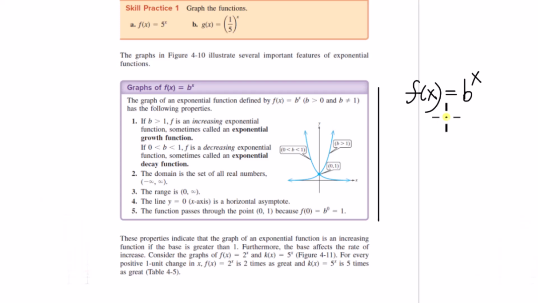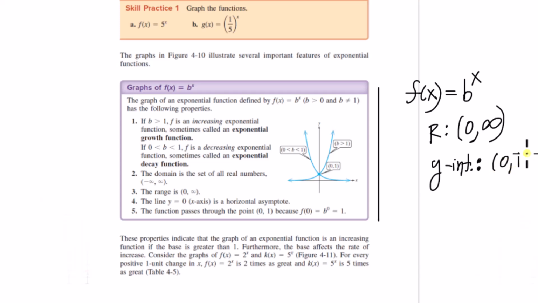So the domain is all real numbers. And we saw that the range is 0 to infinity, not including 0. We saw that there are no x-intercepts, obviously, and we saw that for any exponential function, the y-intercept, in all cases, for an untransformed exponential, is at y is equal to 1.